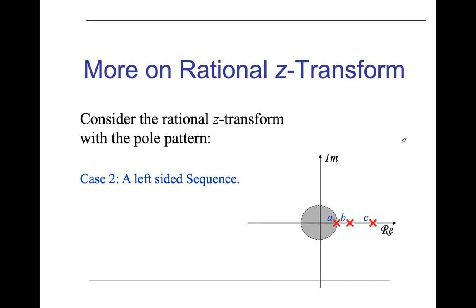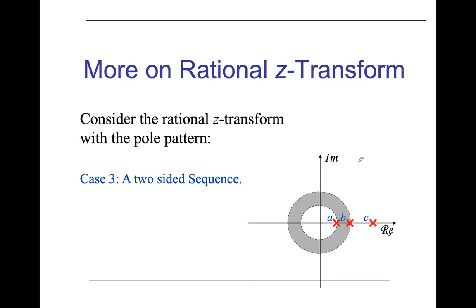How about if I have a two-sided sequence? Is it possible to have a two-sided sequence? Yes, it's possible. How do I write the ROC? A less than Z less than B. Where should I put my circles? Now it's going to be a disk.